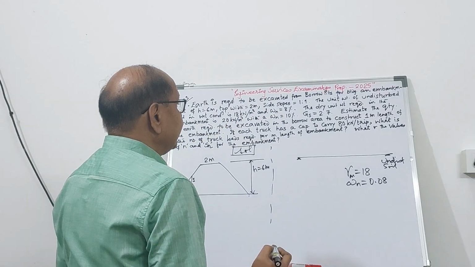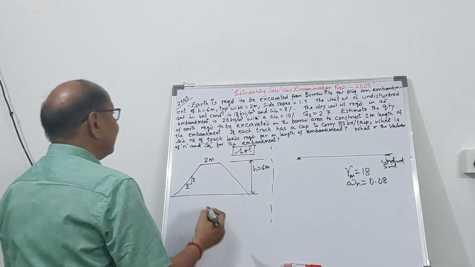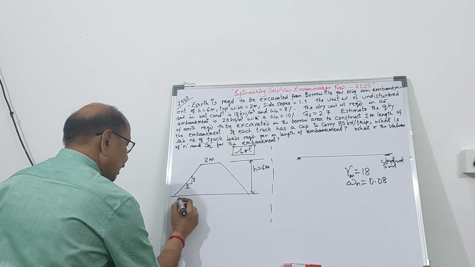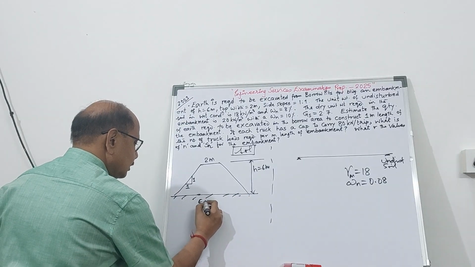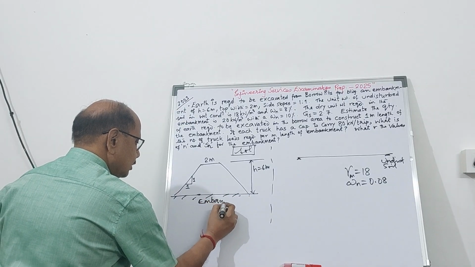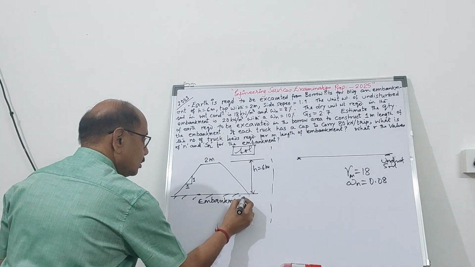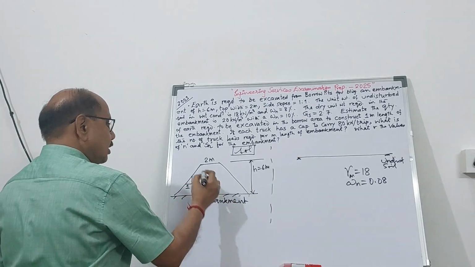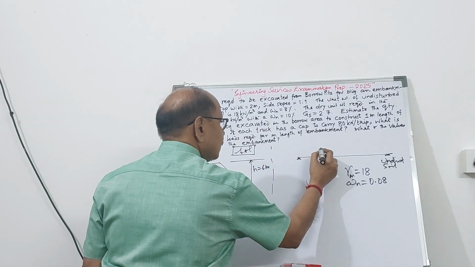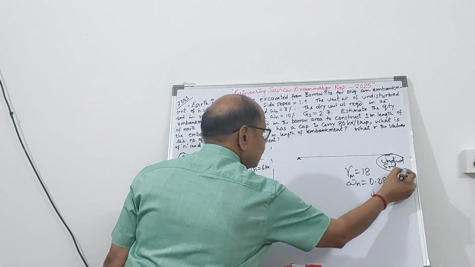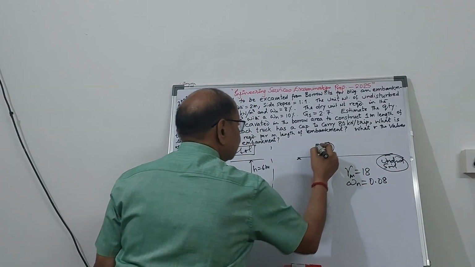The dry unit weight required in the embankment. So the dry unit weight for this embankment, and the undisturbed soil. So this is the first part, number 1, and the undisturbed soil mass, this is the second part.